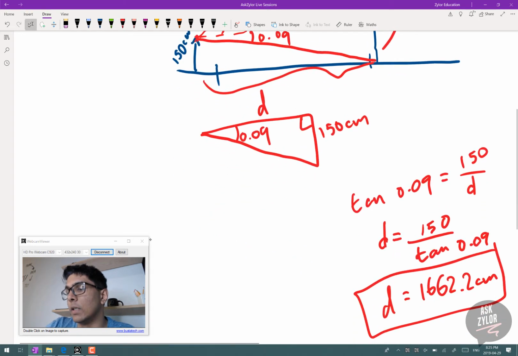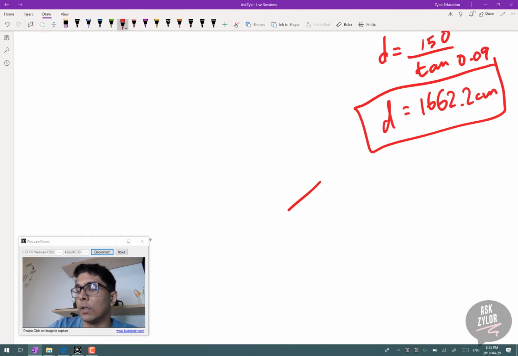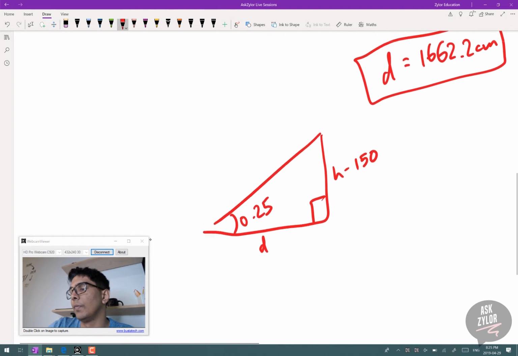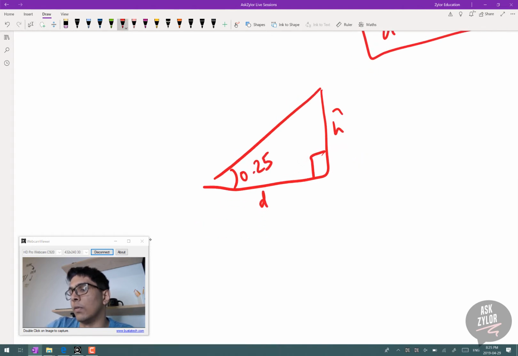Why is that useful? Because we can use that for the second triangle, which deals with elevation. Now we have the distance, and we can find the rest of the height minus 150, and we know the angle of elevation to be 0.25. I can account for the 150 later on, so I can find what the height is by plugging into my tan equation again.